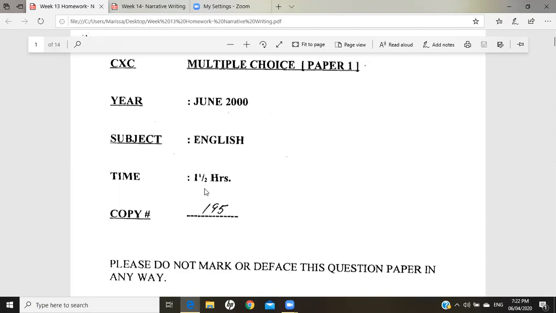We all need to do the papers in 1 hour and a half, just so you can see where you are and how prepared you are for the exam. So you will have 60 questions and 1 hour and a half to do so. Try to do your papers from now on in one sitting when you're home, and time yourself as well.